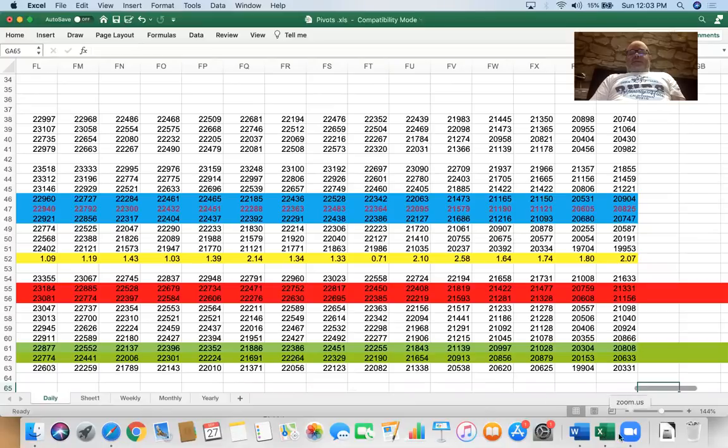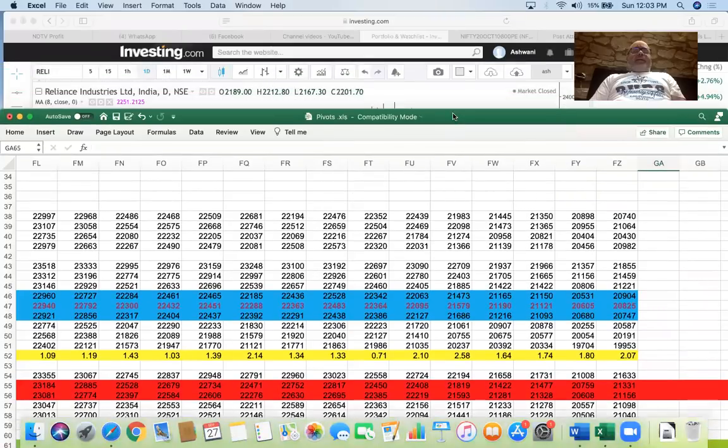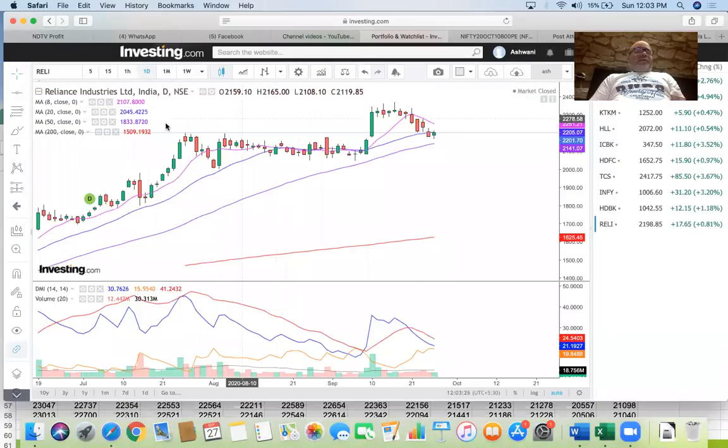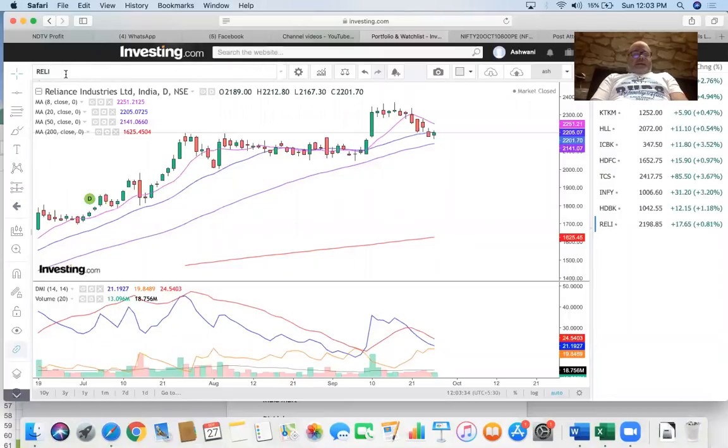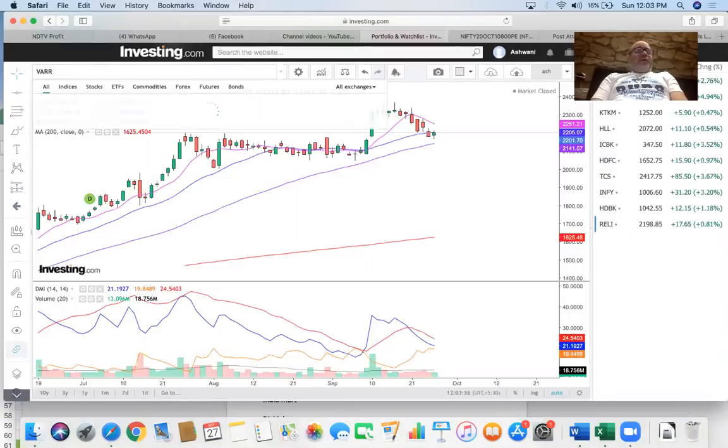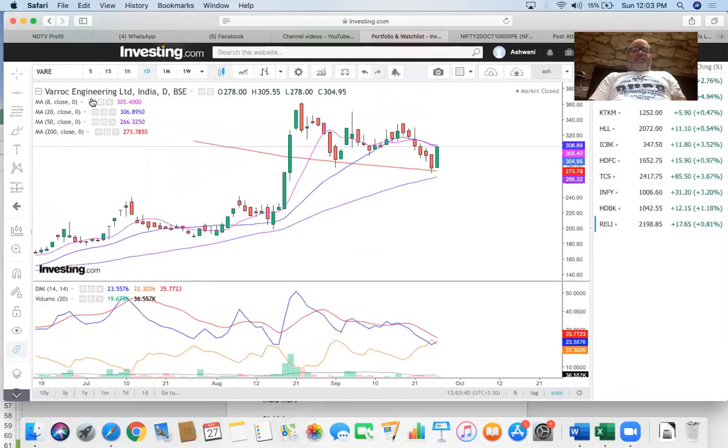On individual stocks, I think there are certain stocks which are going upside. So for next week, the first stock we are looking at is Varroc Engineering. Strong upside.